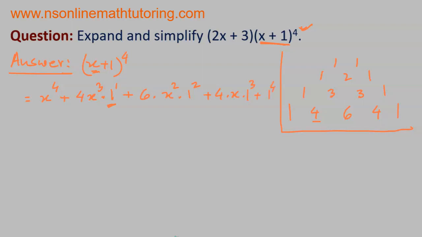X to the power of 0, I am not writing x to the power of 0, I have not written 1 to the power of 0 over here. So that is the expansion. And it is x to the power of 4 plus 4x cube plus 6x square plus 4x plus 1. Okay.